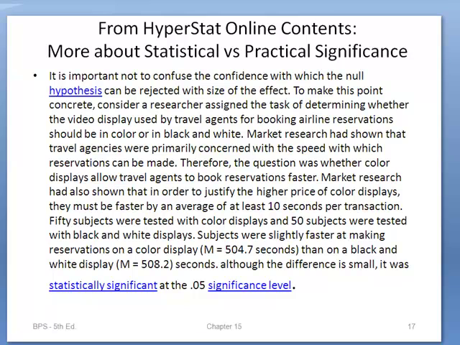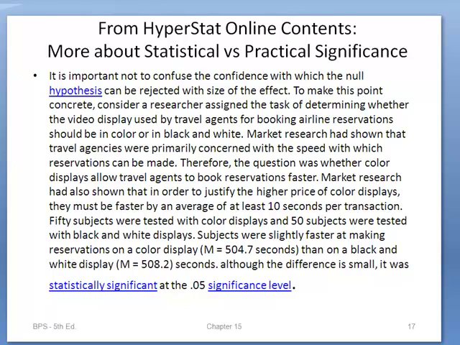So they took 50 subjects with color displays and 50 subjects that used black and white displays, and they randomly assigned agents to each one. Now, subjects were slightly faster at making reservations on the color display. In fact, they made a reservation in 504.7 seconds, and on the black and white display, 508.2 seconds.